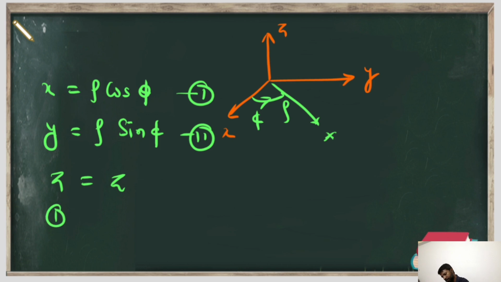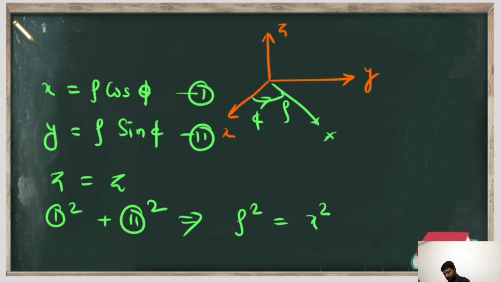Similarly, if we square equation 1 and square equation 2, and add the squares of both equations, we obtain rho square equal to x square plus y square. So rho is equal to the square root of x square plus y square.